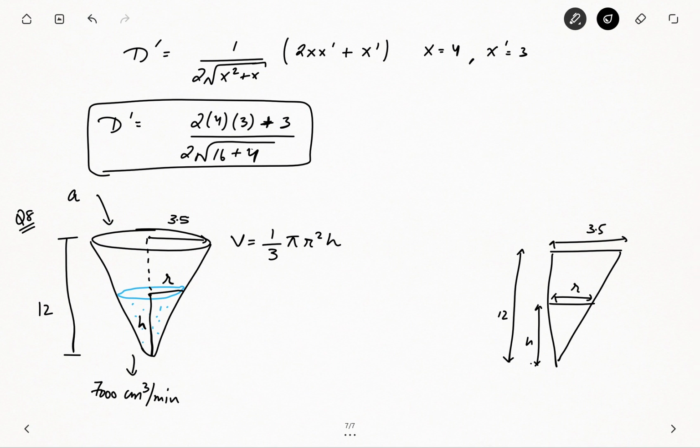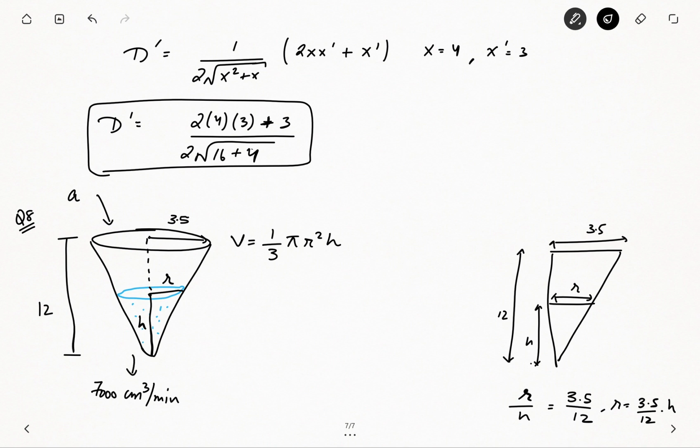So what we can say is r over h. So the perpendicular here over the base in the small triangle is the perpendicular of the long triangle over the base of the long triangle. So 3.5 over 12. So from this you can say r is just 3.5 over 12 times h.